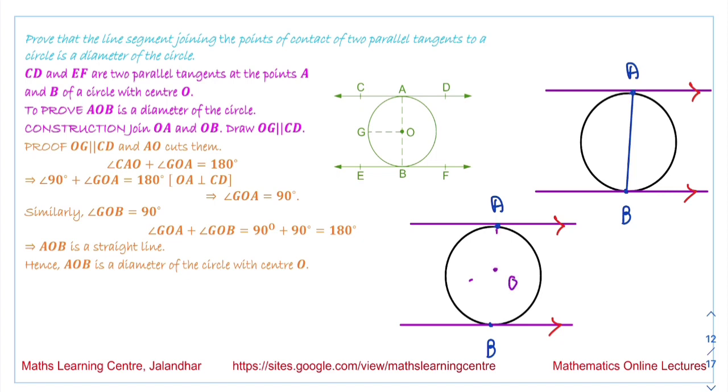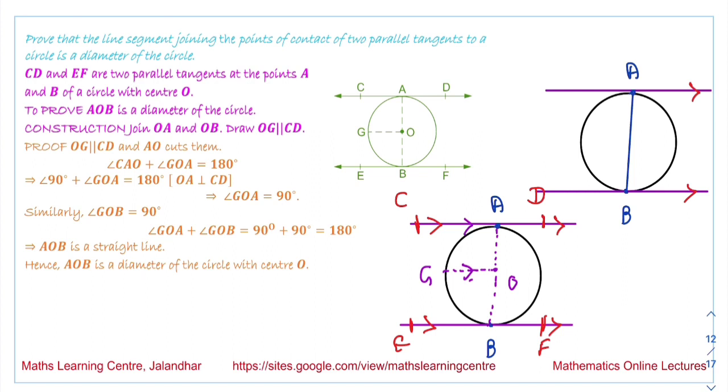Now suppose O is the center of this circle, and we join the point AO and the point OB. Suppose we name these lines as CD and EF. It is given that these two lines are parallel to each other, and we draw a line, say over here, this is the line OG and it is parallel to the line CD.